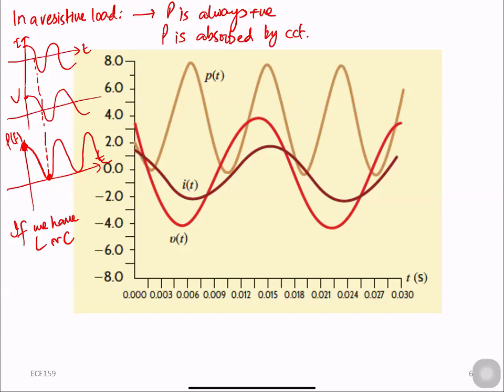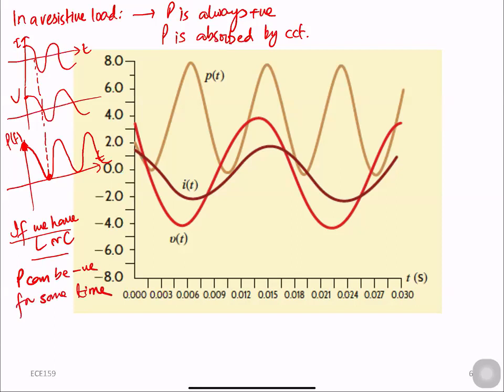Because in that case, the voltage and current are not in phase with each other, depending upon whether current is leading or lagging, depending upon what kind of circuit we have, an inductive circuit or a capacitive circuit. So if we have an inductor or a capacitor, since current and voltage are not in phase, they have a phase difference between them. So the power can be negative for some instant of time.